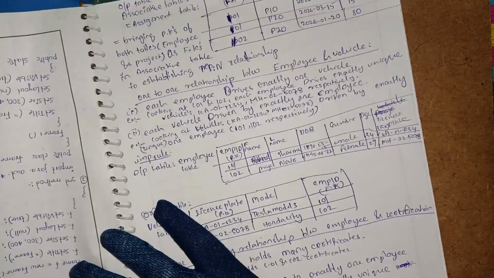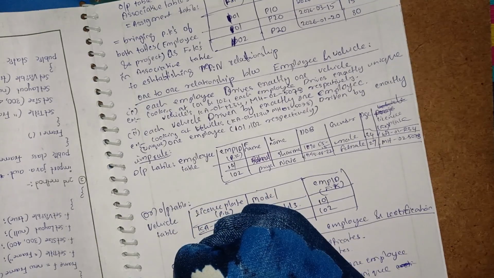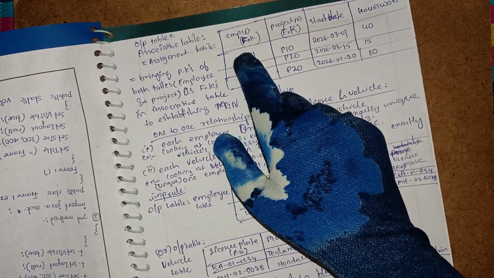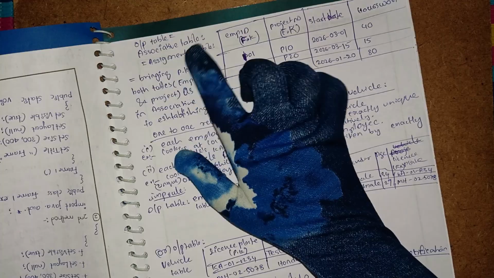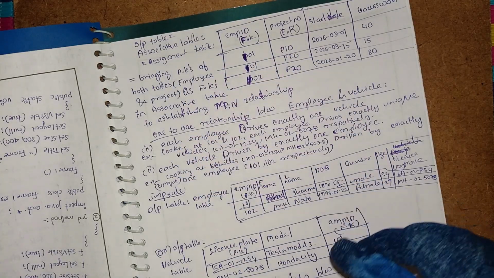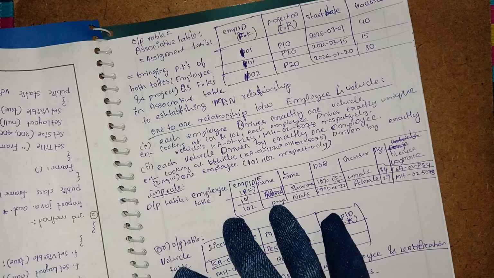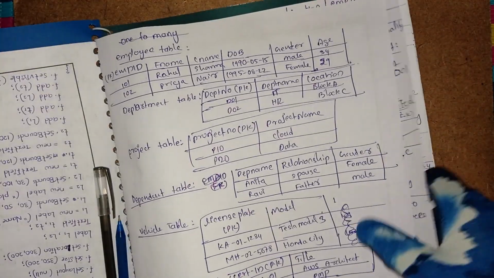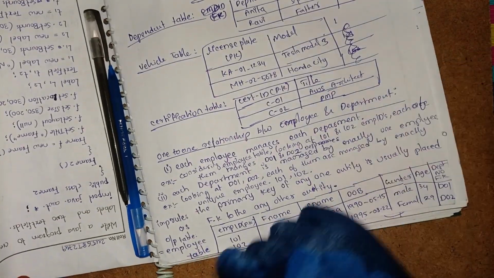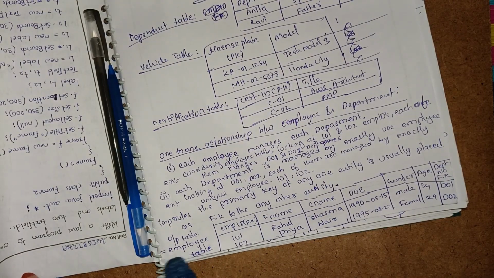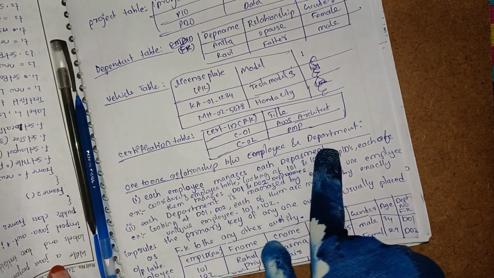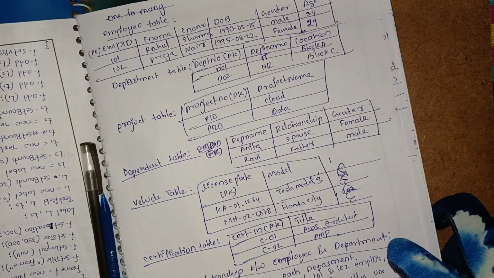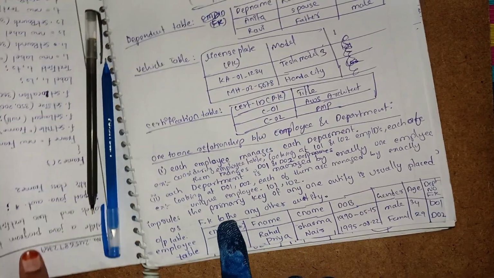So why are we using a separate table, that is the assignment table? In the one-to-one relationship, the relationship is between employee and department, and we used any one table as the output table, according to the important rule.